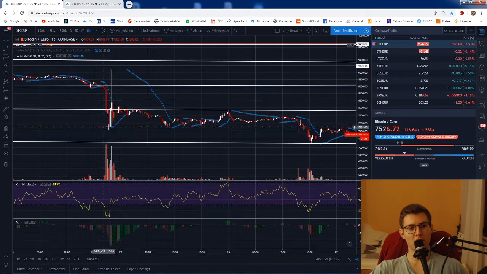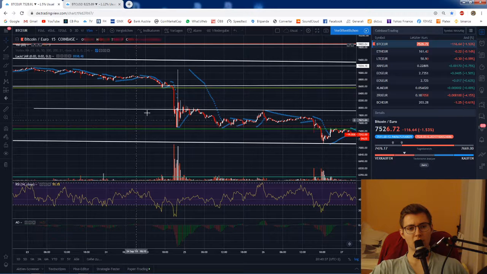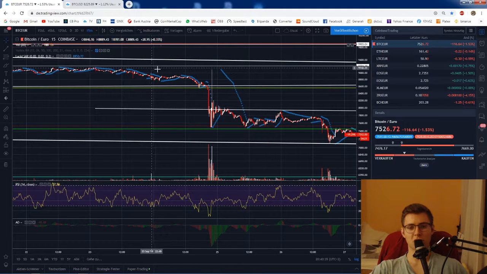On a 1 minute, it actually bounced and held shortly, but then dropped very rapidly. Very strange, very volatile trading action, definitely on Bitcoin Euro.